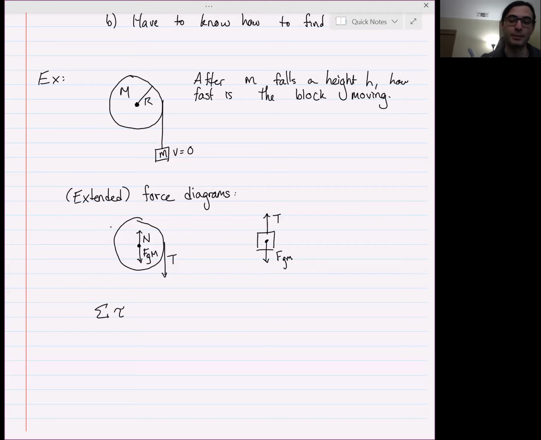In this case, I'm going to define counterclockwise as positive torque, and I'm going to define up as positive y. This will make sense in a moment. So the sum of all of the torques has to be equal to I alpha, and the sum of all of the forces in the y direction has to be equal to ma. Right? So let's figure out what the sum of the torques are.